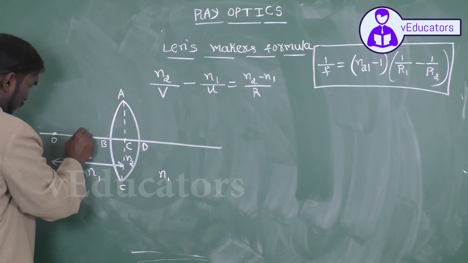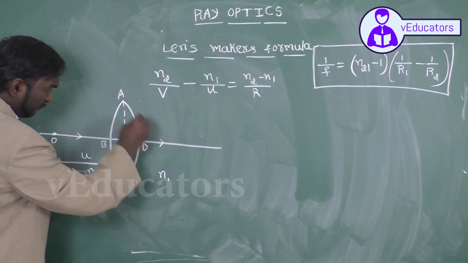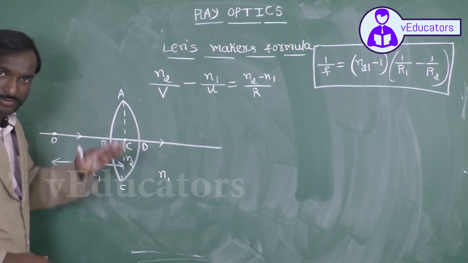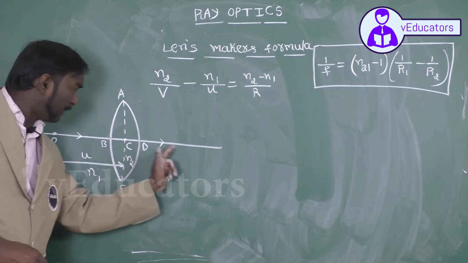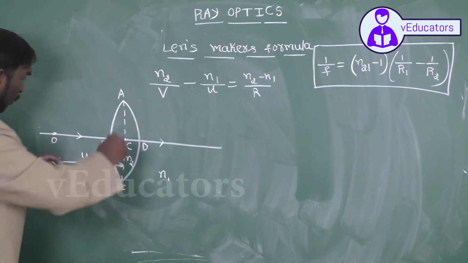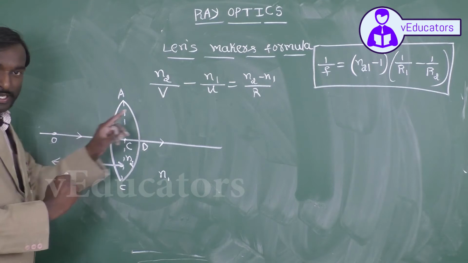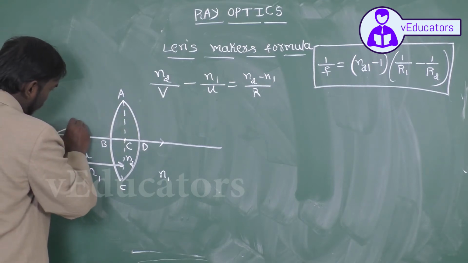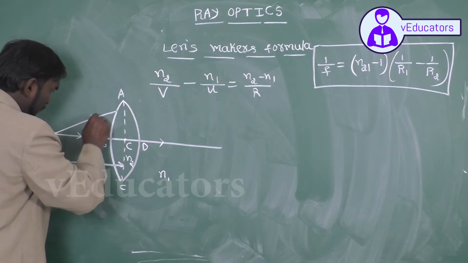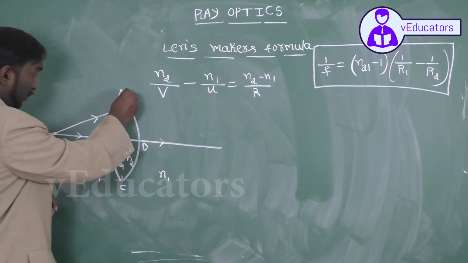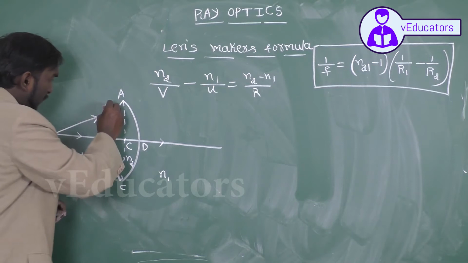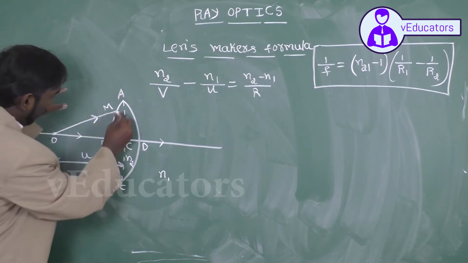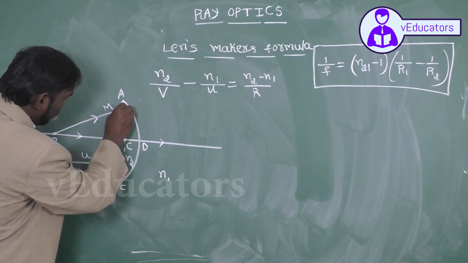A light ray from this object passes through along the principal axis without any reflection or refraction. I need two rays to get the image. One more ray strikes the surface ABC at a point M. Immediately it refracts.